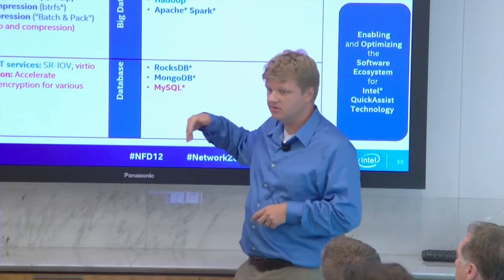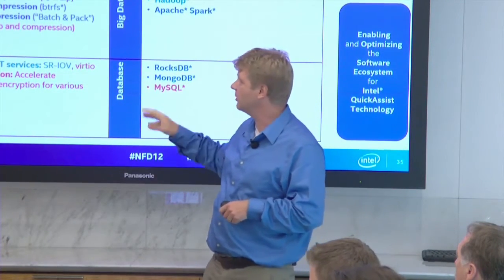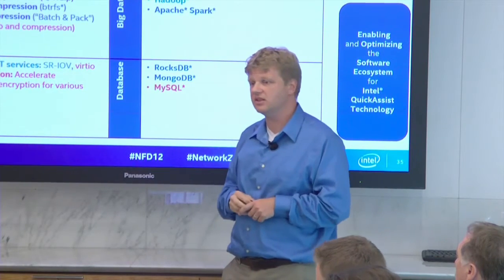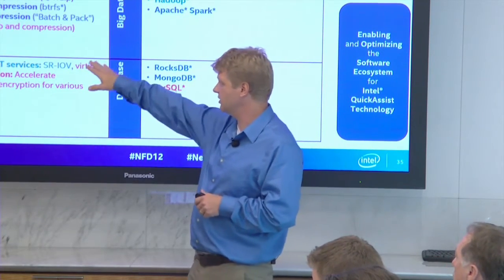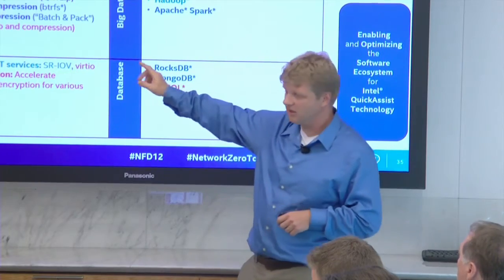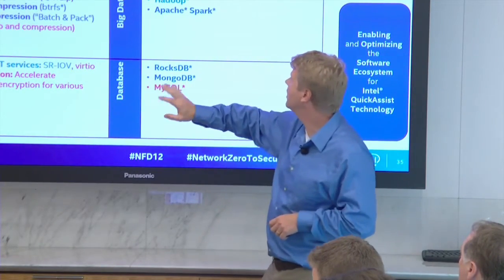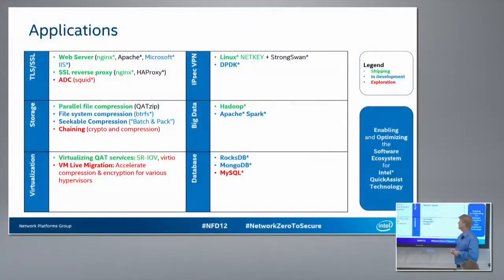Seekable compression comes from some of the chaining work we talked about before, and batch and pack is a feature we have inside QuickAssist. Chaining is in exploration, but we've done some work on that internally. For big data, we've got a codec available for Hadoop for compression. I'll show you slides later on where inside the Hadoop framework the compression kicks in. And we're investigating Apache Spark today.